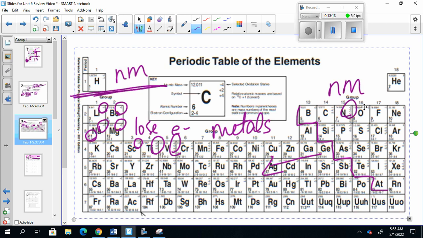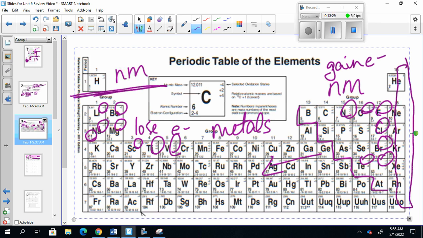And you all have negative charges, or at least that top one is a negative charge, which means you gain electrons, because the goal again is to reach that octet. This group is stable. They do not bond. We call them the noble gases.